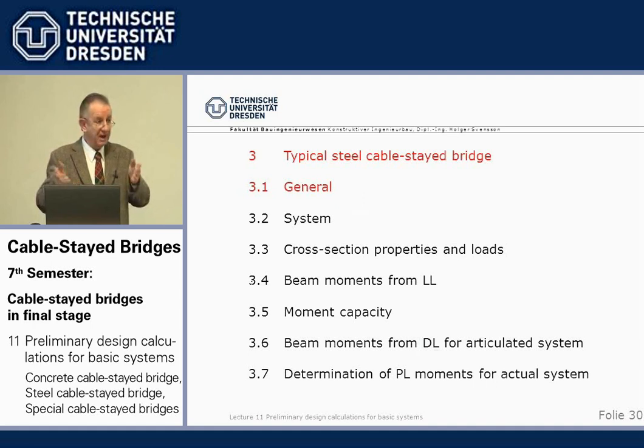We have the live load moments from an elastically supported beam, which is depending on the elastic length. And we have calculated the tower moments from the deflection of the tower head under live load in the main span. That's all we need.